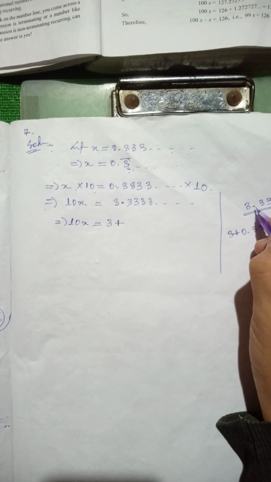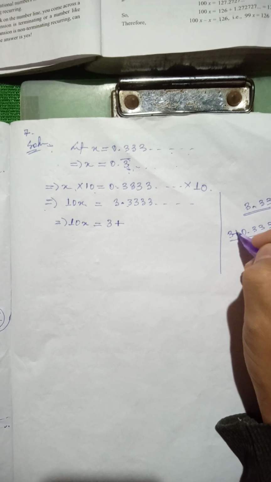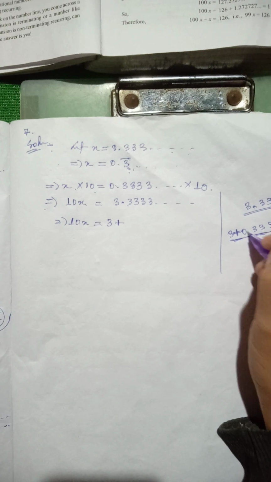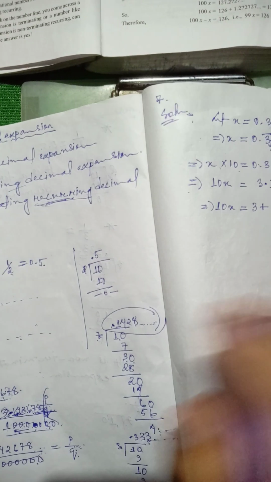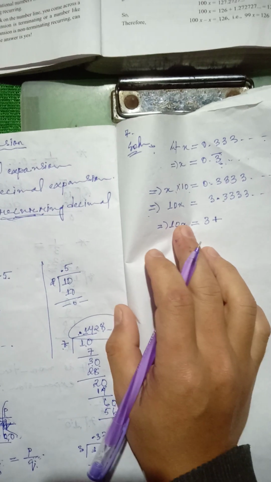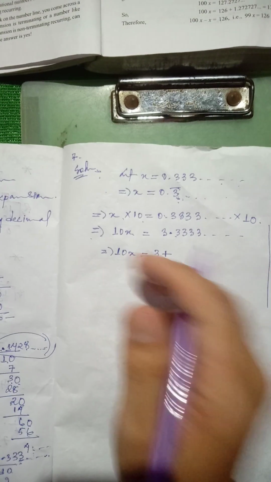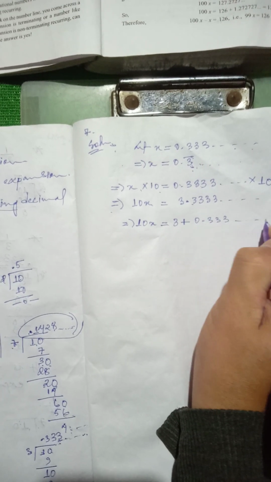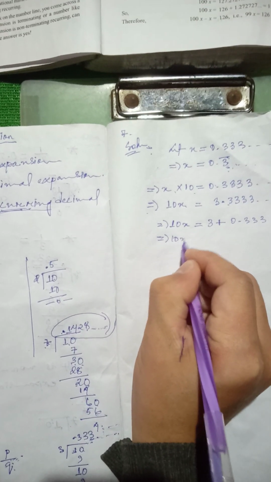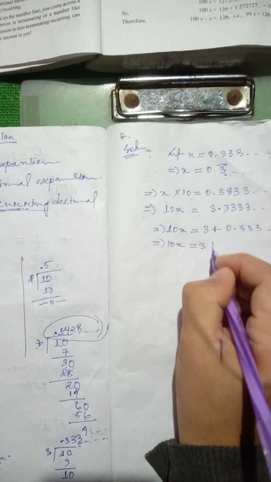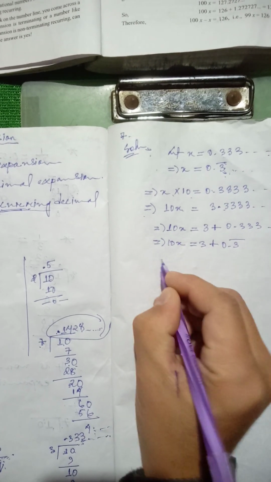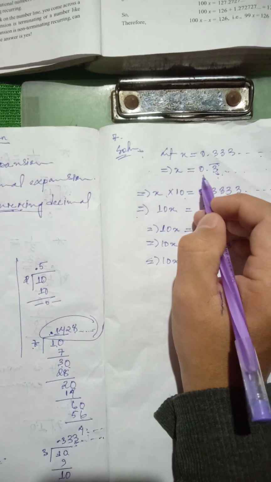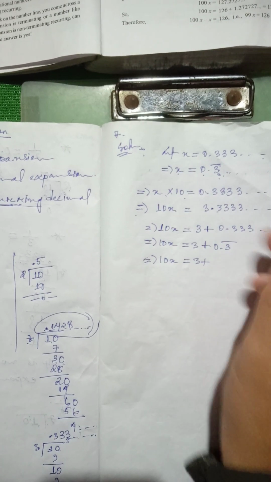That means you just break this number into an addition of terms. If you break this, you will get 0.333 bar. So 10x equal to 3 plus how much? How can I write this? That means 3 plus 0.3 bar, and 0.3 bar is equal to x.